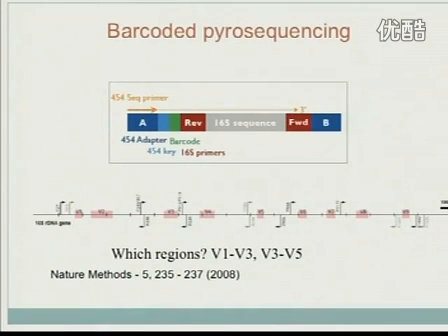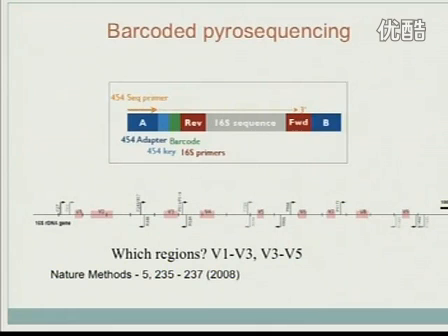Ideally, you want to get sequences from those variable regions so that you can differentiate what species are there. So you need to amplify those regions, designing primers against the conserved regions so that you will be able to pull out the variable regions.